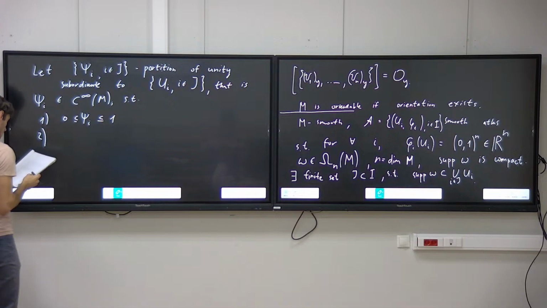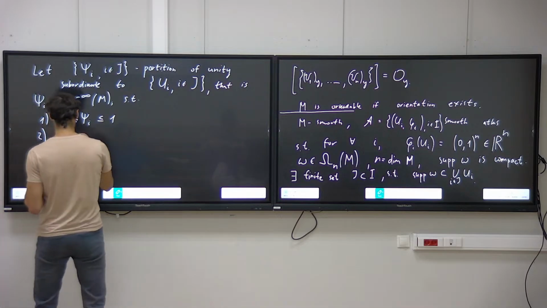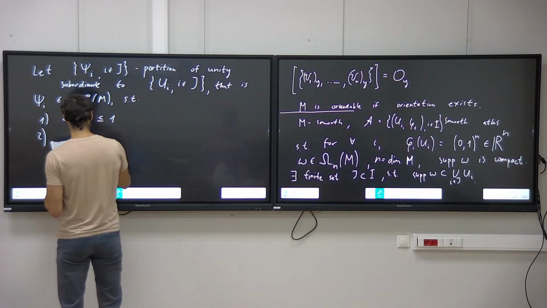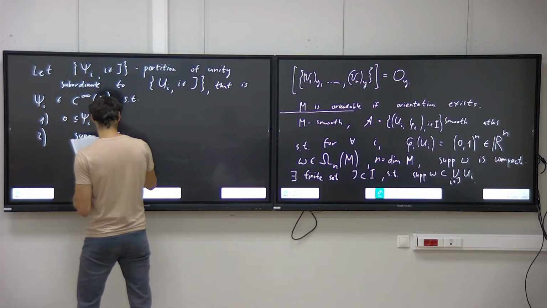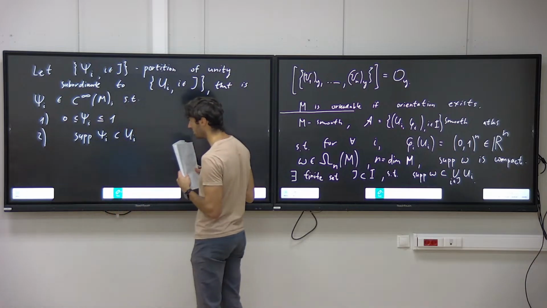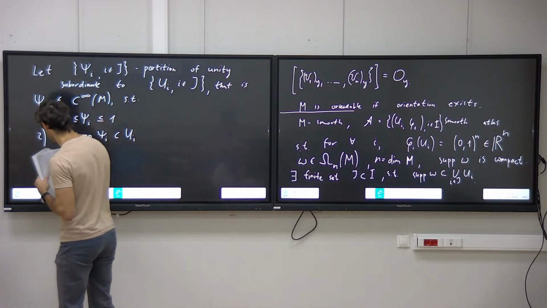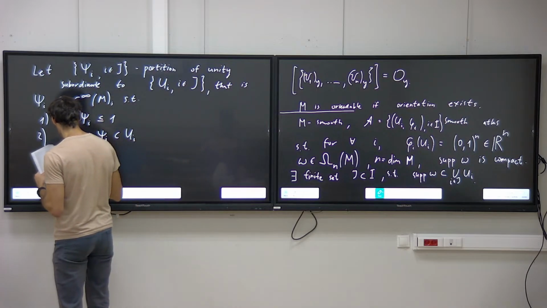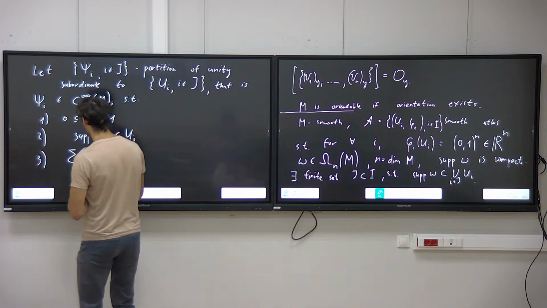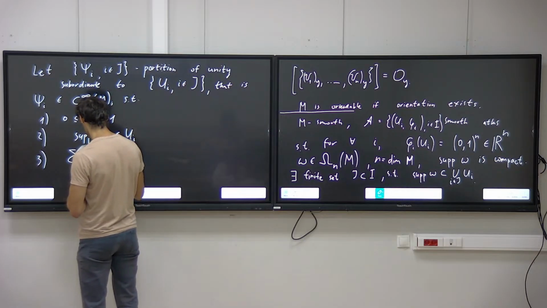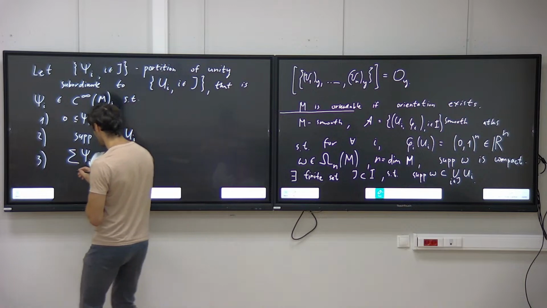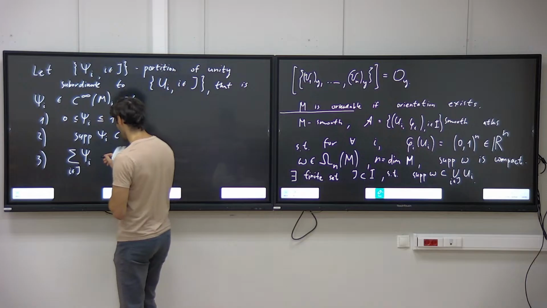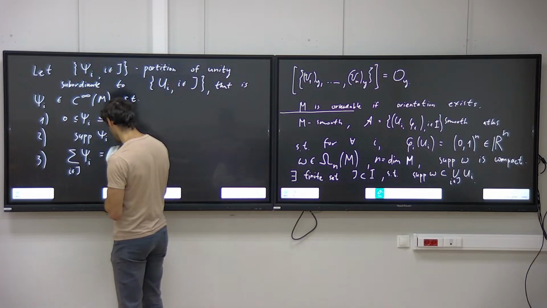Second, the support of each psi I is inside U I. And third, the sum of the values of psi I as I runs over J is just 1.